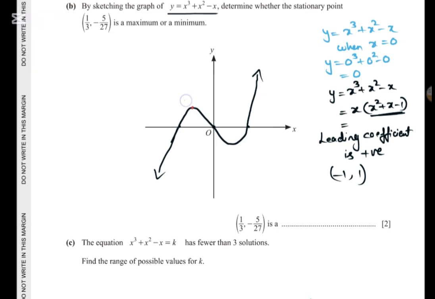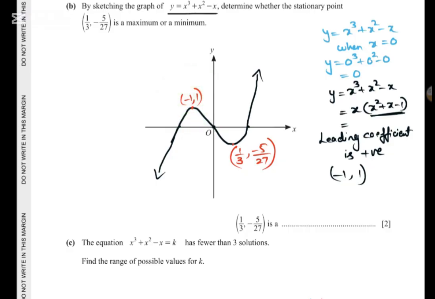This maximum is minus 1 and 1, and minimum is 1 by 3, minus 5 by 27, where the x coordinate is positive and the y coordinate is negative. And here the x coordinate is negative and the y coordinate is positive.